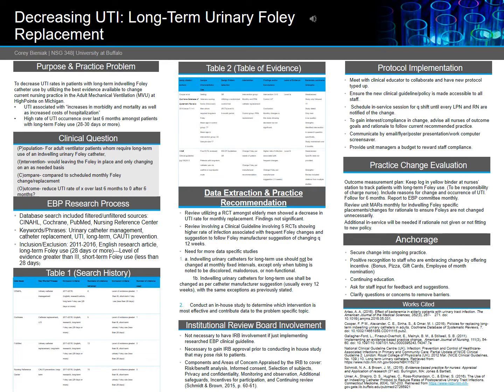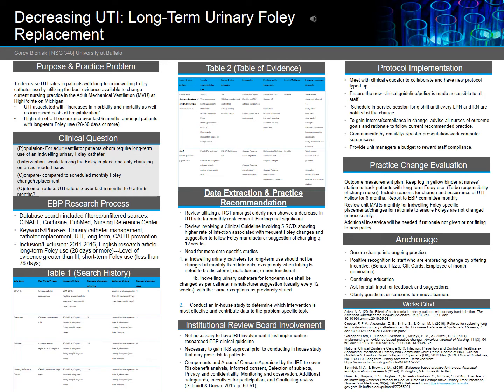It is necessary to gain IRB approval prior to conducting an in-house study that may pose risk to patients. Components and areas of concern appraised by the IRB would be risk-benefit analysis, informed consent, selection of subjects, privacy and confidentiality, monitoring and observation, additional safeguards, incentives for participation, and continuing review.